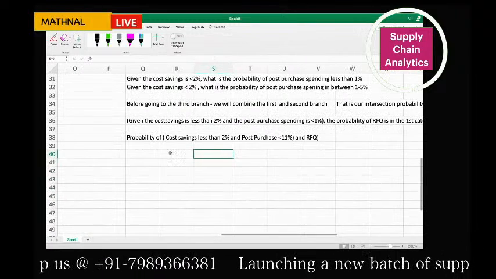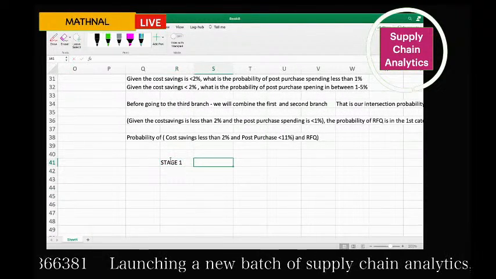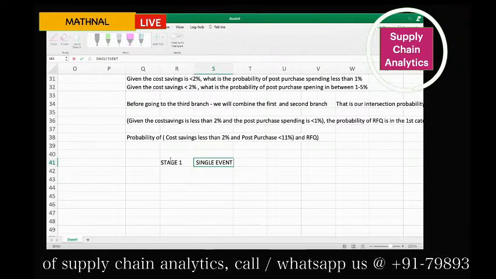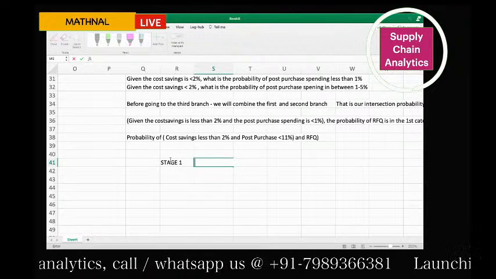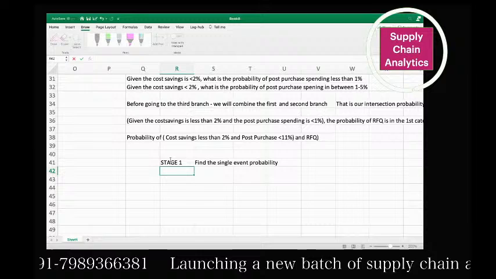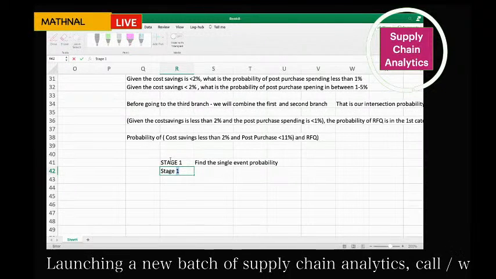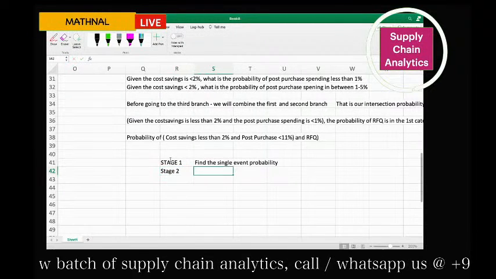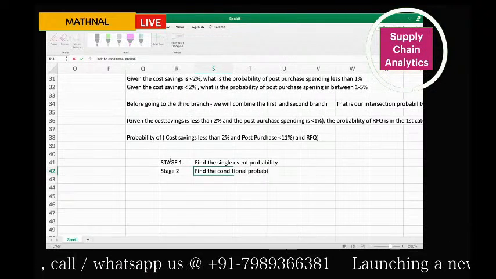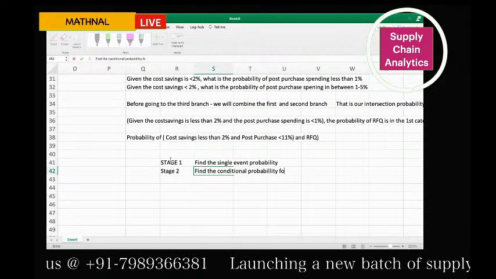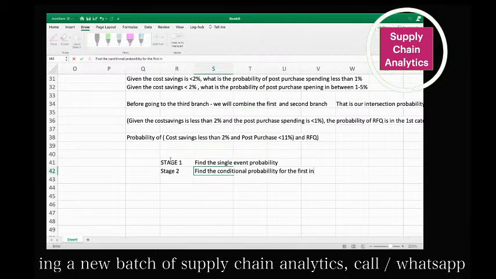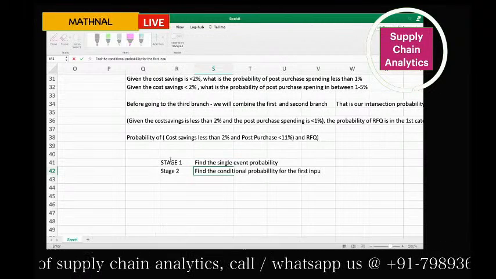So this works like this. The first stage is to find the single event probability. Stage 2, find the conditional probability for the second variable, given the first input variable, like we are doing there.